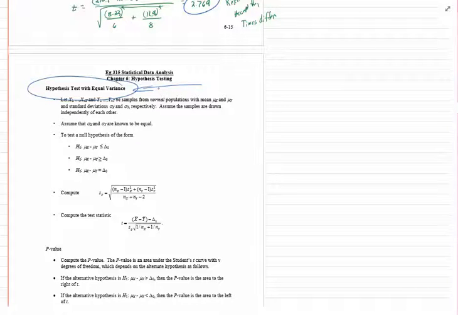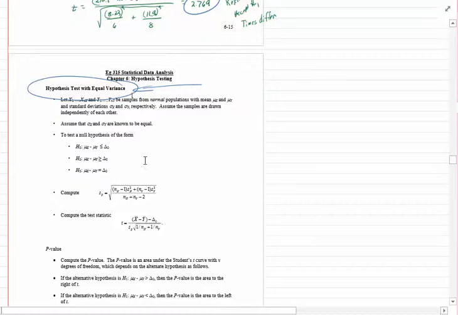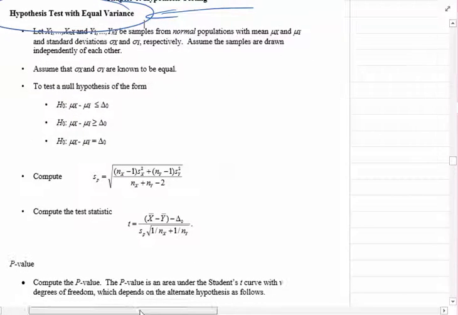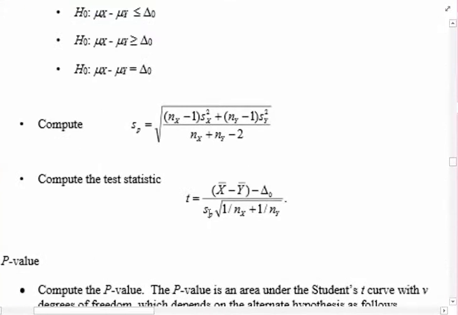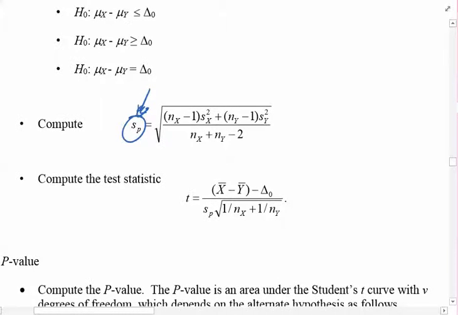So how do we take those two, group them together, and do our hypothesis test? Just like last time, we're going to compute a pooled variance, and here's a pooled standard deviation. And our pooled variance is just a weighted average based on degrees of freedom.